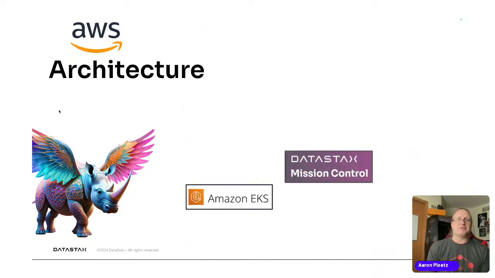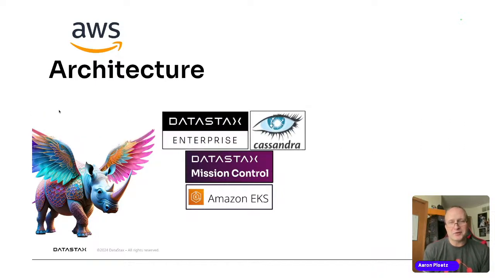So real quick about the architecture. One thing that we've been focusing on a lot lately with self-managed Cassandra out in AWS is DataStax Mission Control, which is our product that helps abstract away Kubernetes. It puts Kubernetes on easy mode, where it really helps you out.